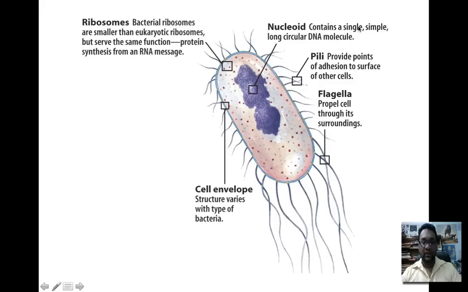Key thing here being it's a simple, circular DNA molecule, and we call that the nucleoid. Now, the only organelles that the bacteria really have would be ribosomes. And you will also see that in the eukaryotic cell, there are also ribosomes present. But the ribosomes in bacteria are much smaller, and they are 70S, while the ribosomes in eukaryotic cells are 80S.